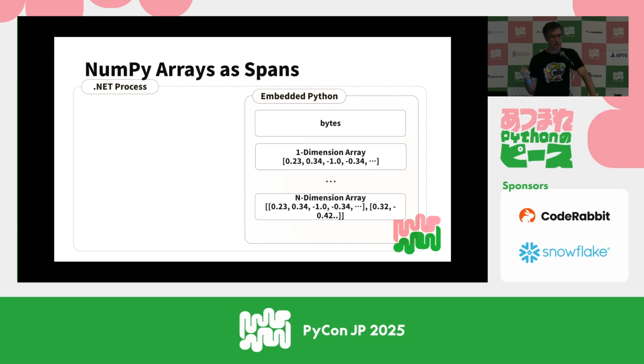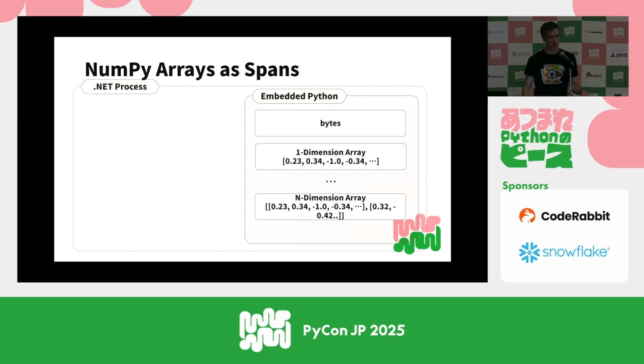The buffer protocol is created as a way of letting something written in C, like another library, actually just read from the memory. So you don't have to copy it. You don't have to serialize it. You're basically just being given a pointer to that space in the memory, in the process. And the buffer basically says what that type is, how big it is, and what structure it has.